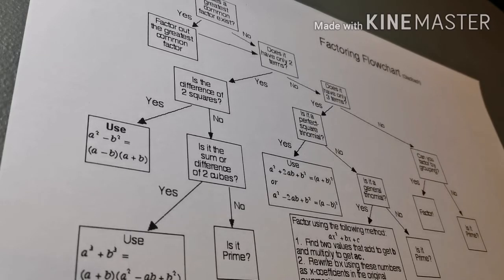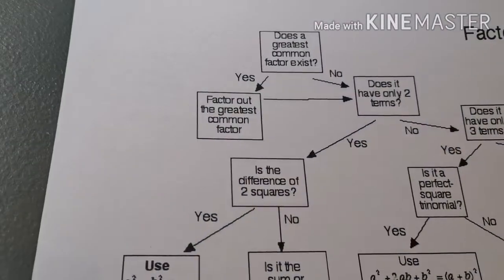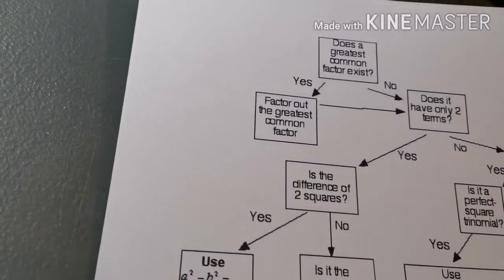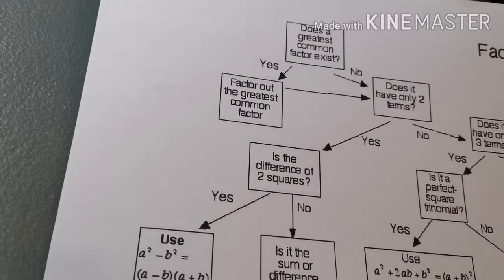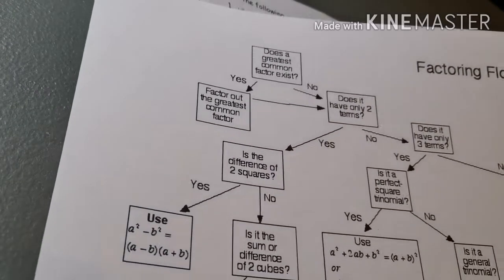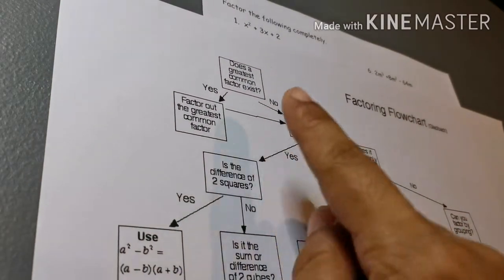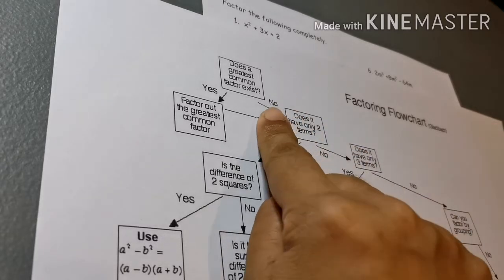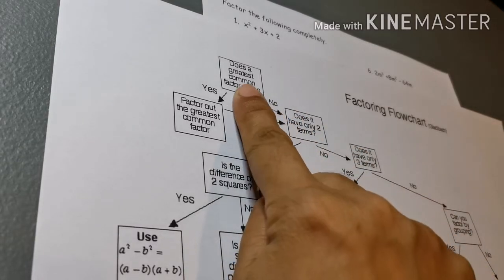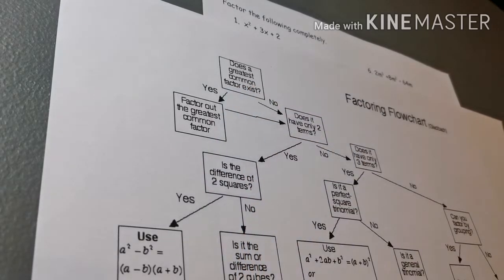I am also hoping that at least one of your teachers in mathematics in junior high school presented you this factoring flowchart. It is a guide on how we are going to factor different types of algebraic expressions. The first question that you should be asking is, does a greatest common factor exist?